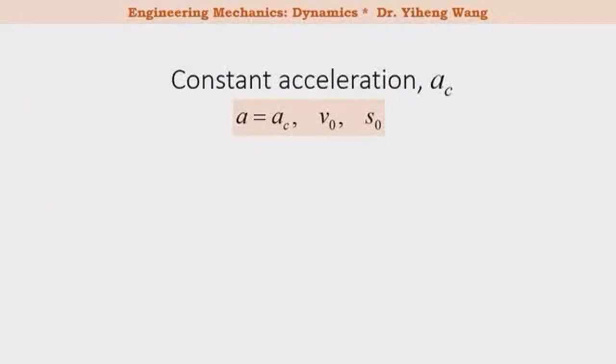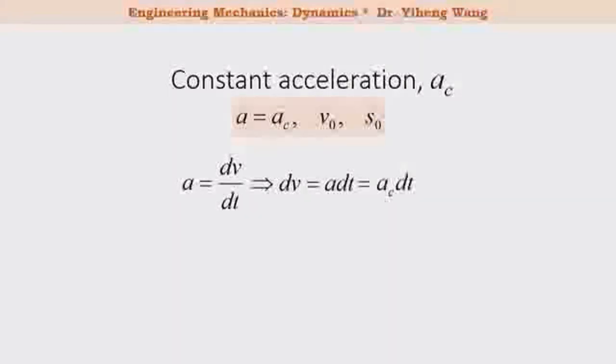So if acceleration is a constant a_c, and at time 0 the initial velocity of the object is given as v0, and the initial position is given as s0, then from the equation a equals dv/dt, we can rearrange it to be dv equals a times dt, which is constant acceleration a_c times dt. We can now integrate both sides. Again, choose the proper integration limits.